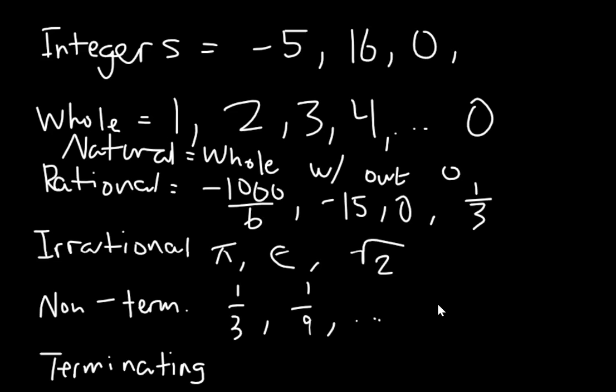Terminating numbers, it's basically just any number that ends. Like 1.4563 is a terminating number because it ends at just that. Or 1.999 all the way to like 10,000. That's also a terminating number because it ends at some point.